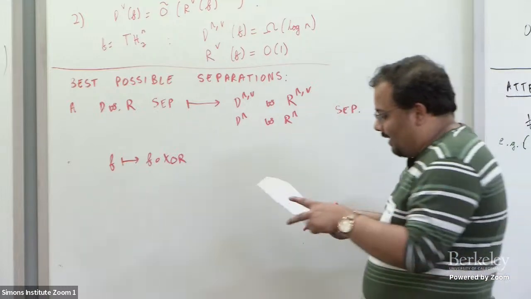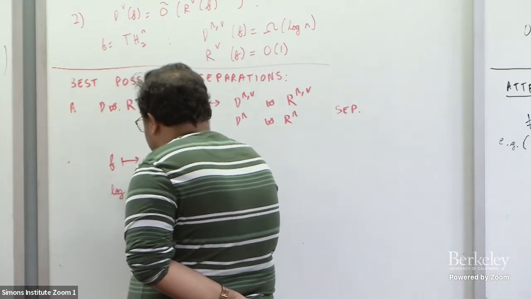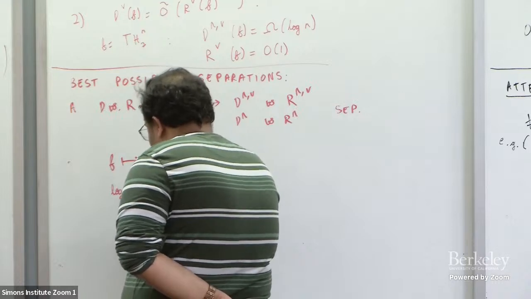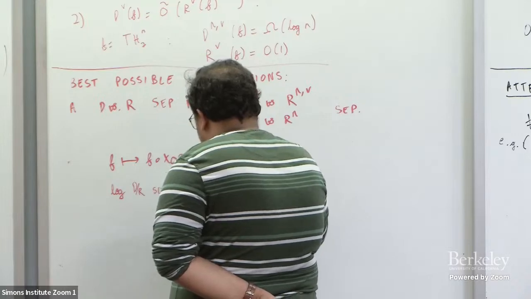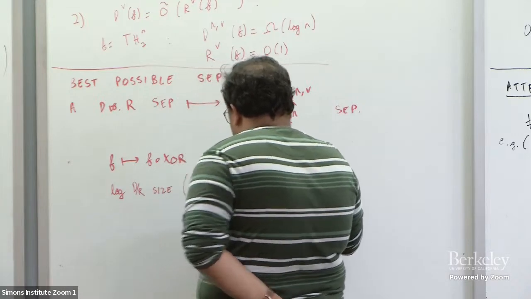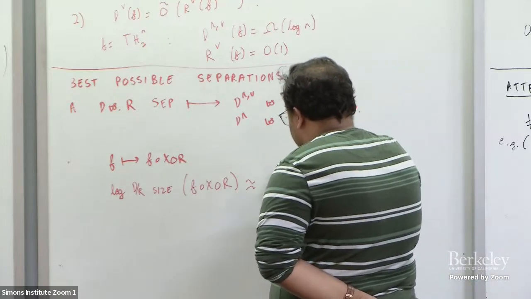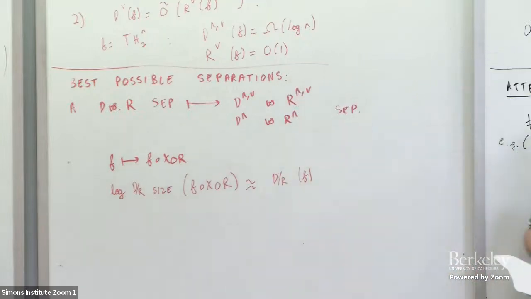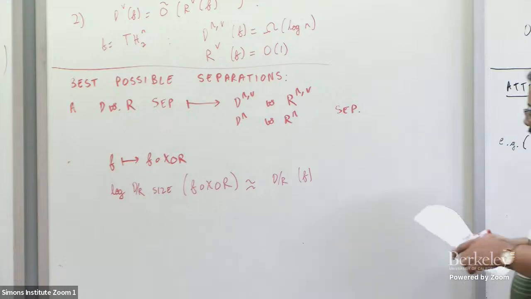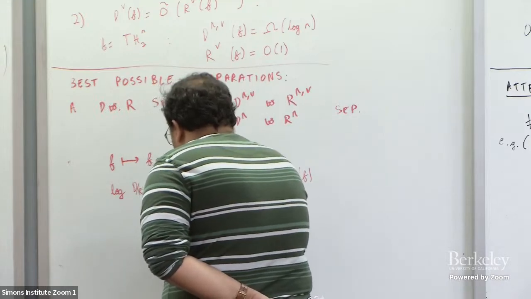And it turns out that log D slash R, maybe for now, size of f of XOR is essentially the same as D slash R of f. So the depth of f somehow corresponds to log size of f of XOR. You can show this. And the same thing holds true for D and of f of XOR as well.